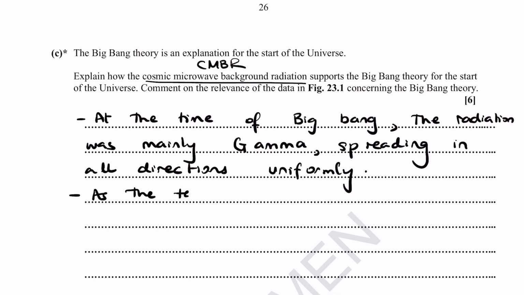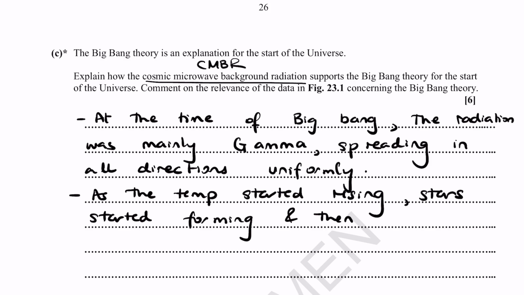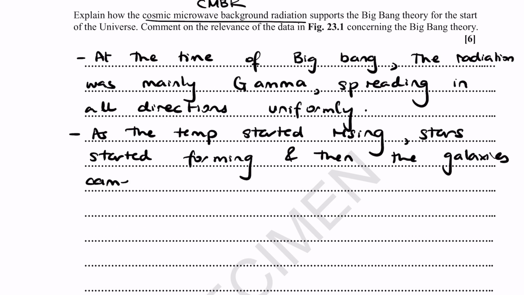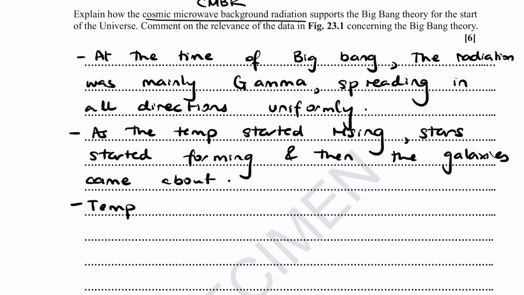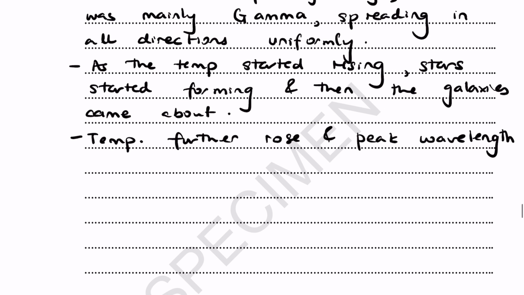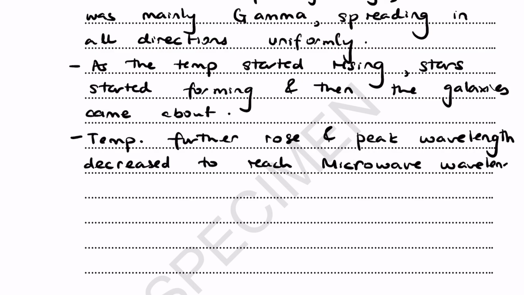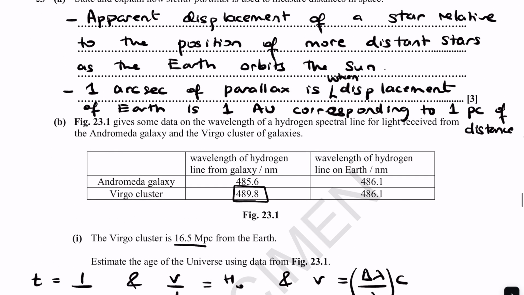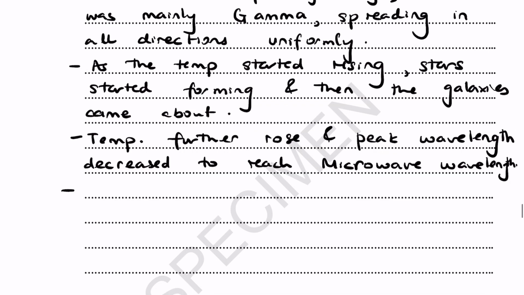And as the universe evolved, the stars started forming, and then the galaxies. And the peak wavelength increased until it reached the microwave wavelength. That's why it's called CMBR. And Andromeda, if you go back up, shows that it is blue shifted because the wavelength is shorter compared to Virgo.